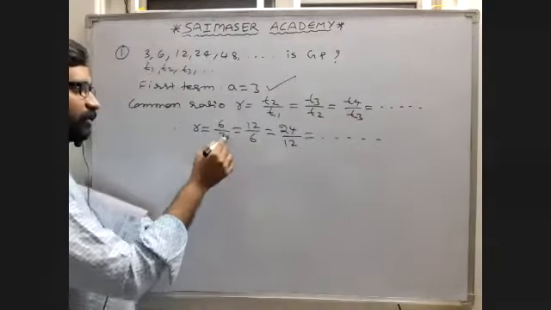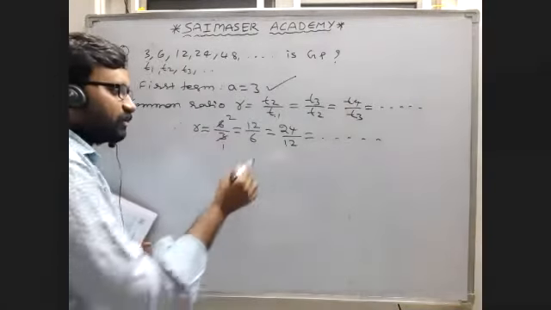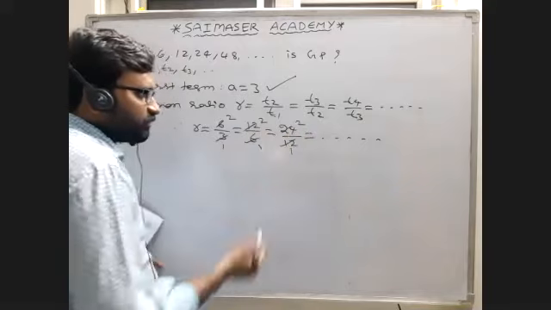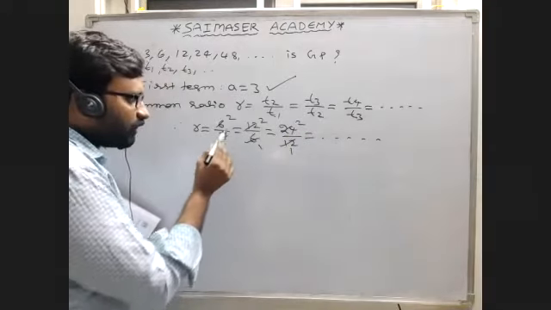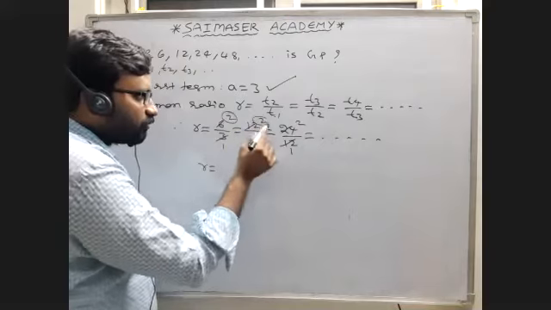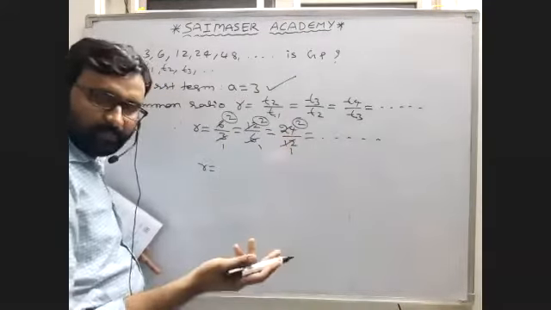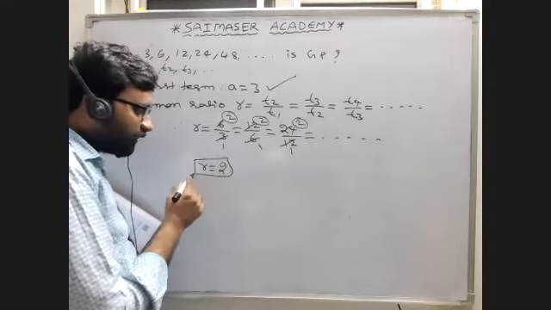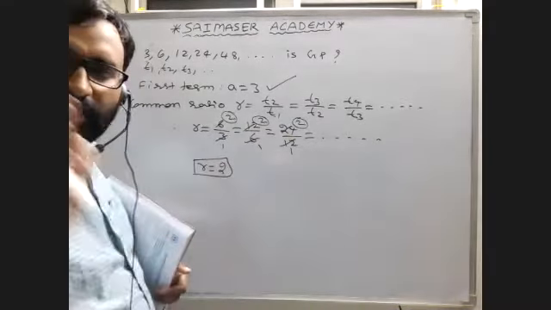Now 3 ones are 3, 3 twos are 6, cancel; 6 ones, 6 twos cancel; 12 ones, 12 twos cancel. So you are getting 2, 2, 2, which is the same. So the value of r is the same. You are getting the common ratio equal.